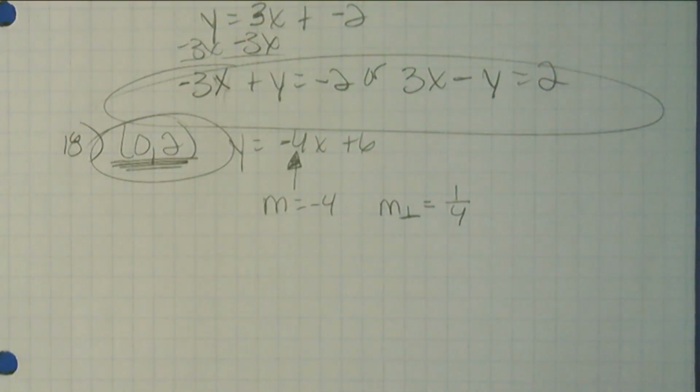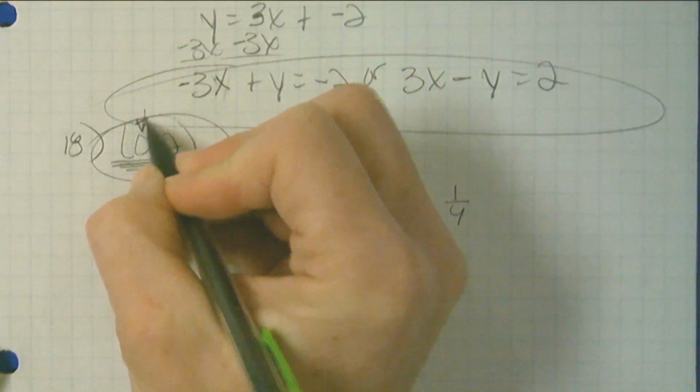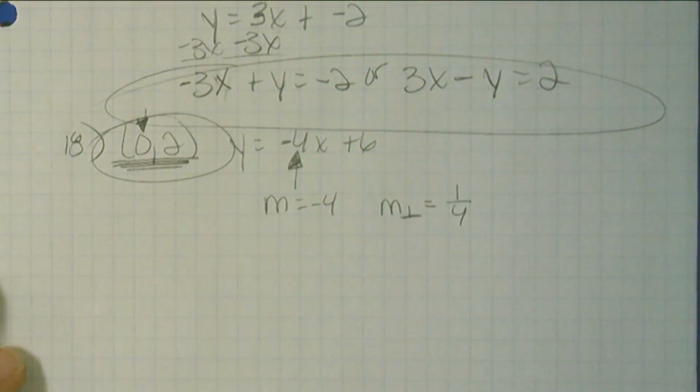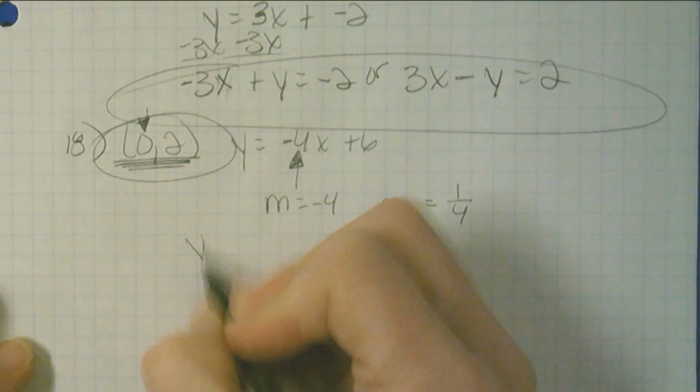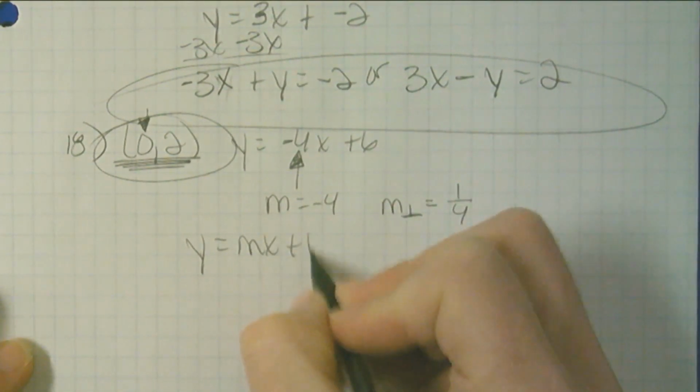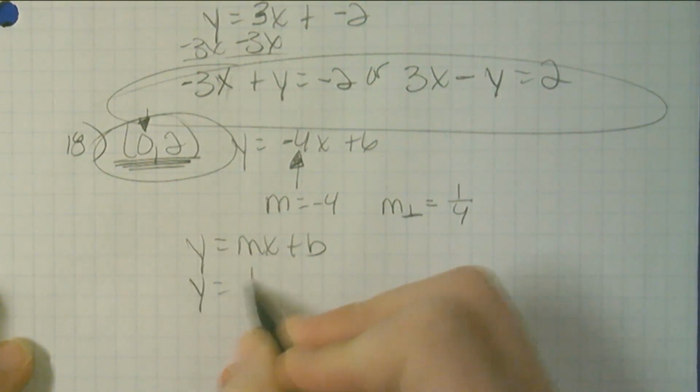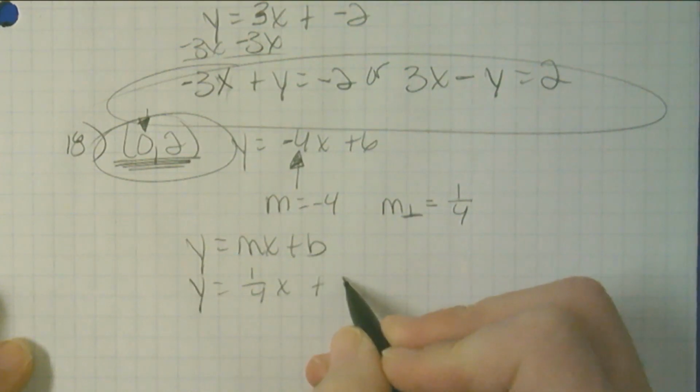Seamus? Why? How do you know that? Yes, because of that 0. That 0 in my x tells me it's my y-intercept. So I have y equals mx plus b, so y equals 1/4 x plus 2.